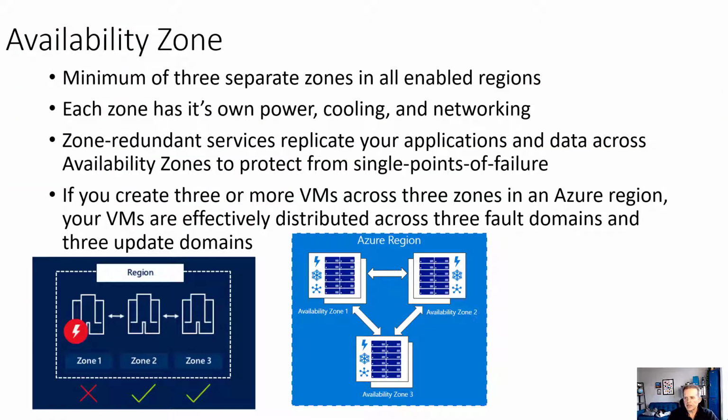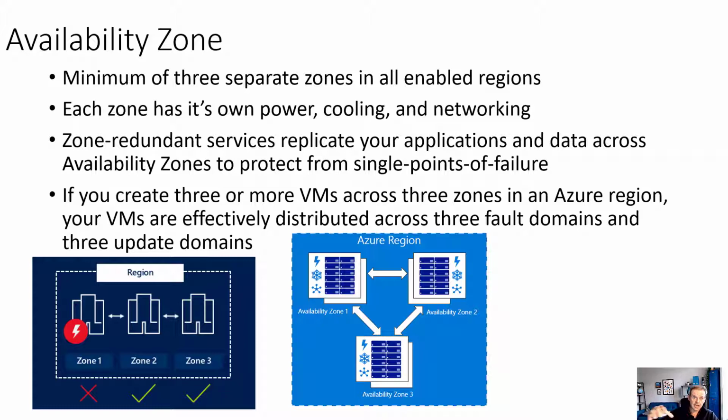So availability zones are separate infrastructure inside each region. So if the region is West US 2, there are 3 zones in West US 2. And each zone has its own power, cooling, and networking. Now, power and cooling makes sense, but what's networking?